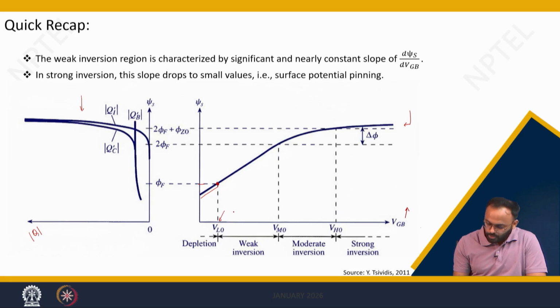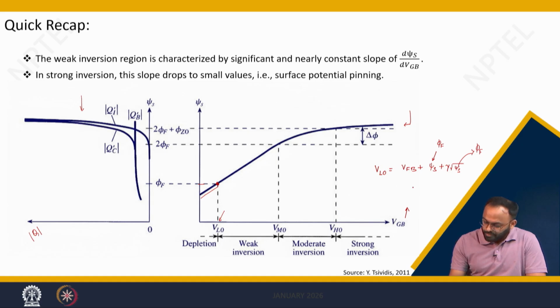We derived VLO, VMO and VHO by using a simple potential balance equation. VLO can be given as the flat band voltage plus surface potential plus gamma times the square root of surface potential, where for VLO specifically this surface potential is given by phi f. So, this can be replaced by phi f.